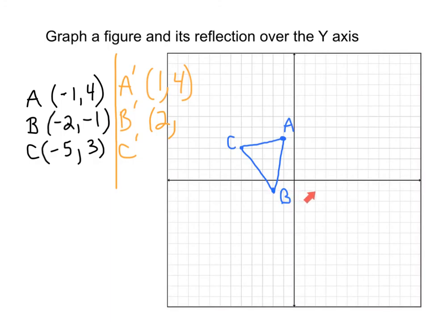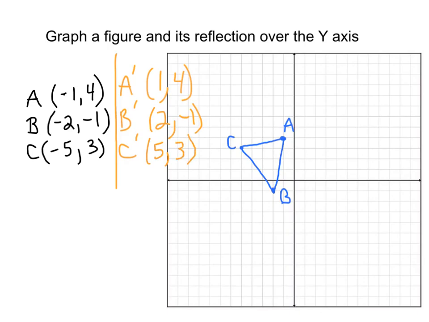Because the new point's going to be over here, but it's still going to be in the same place on the y-axis. So that means it's still going to be a -1. So it's going to be (2, -1). And then C is going to be the opposite of -5. So that would be a +5. And then the 3 would stay the same for the y-coordinate. So my new points are right there.